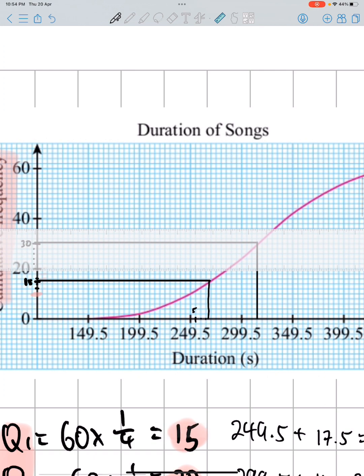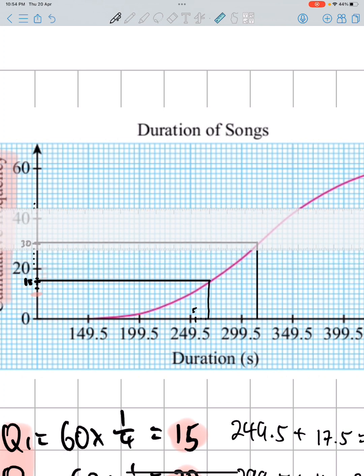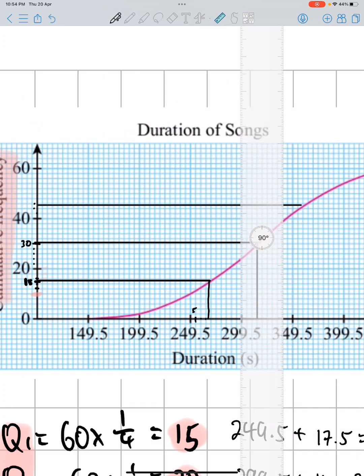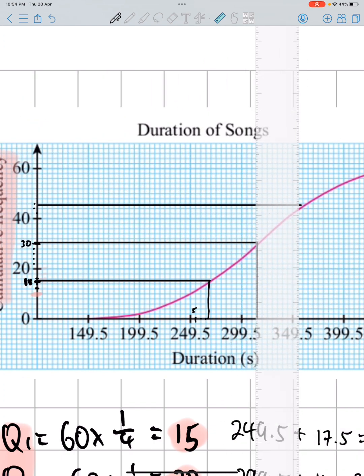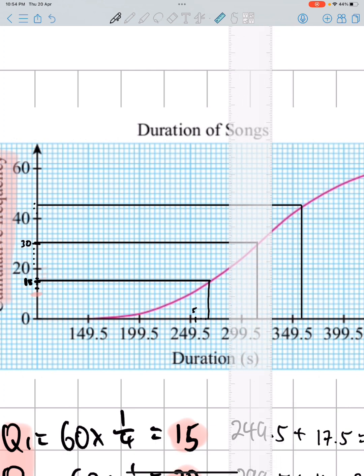You can see that 42, 44, 46. So it's in the middle again. Just note that this is the middle.